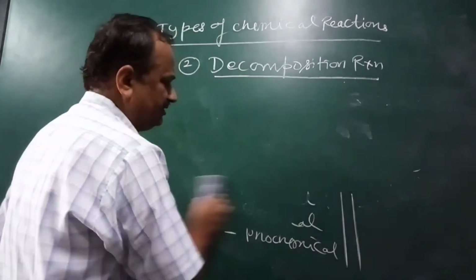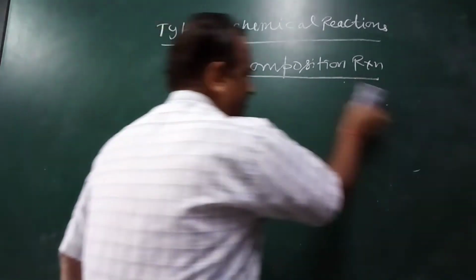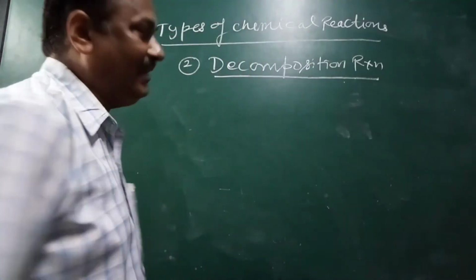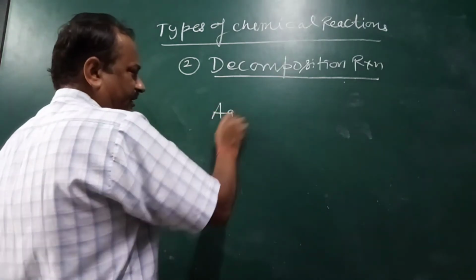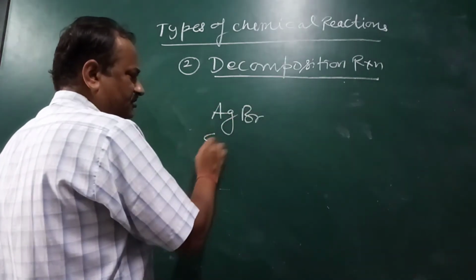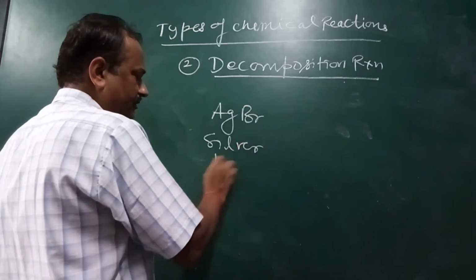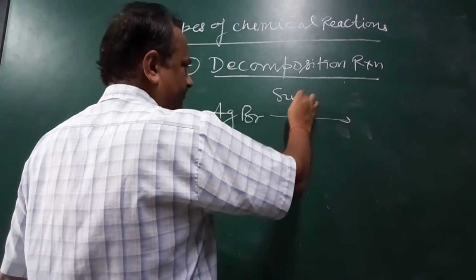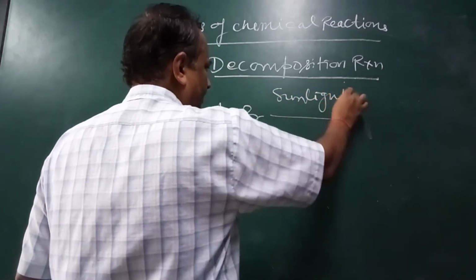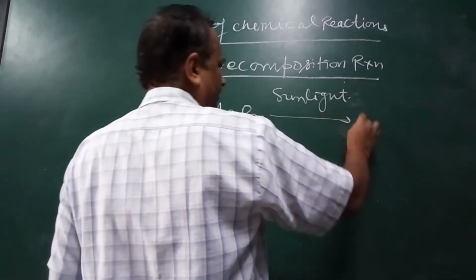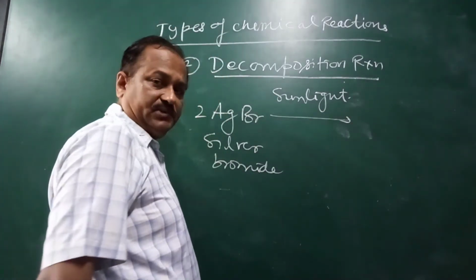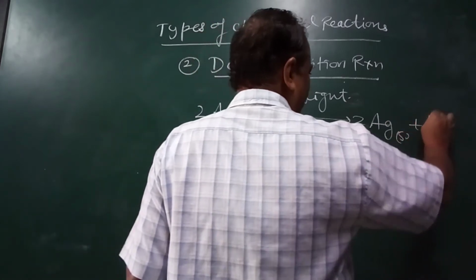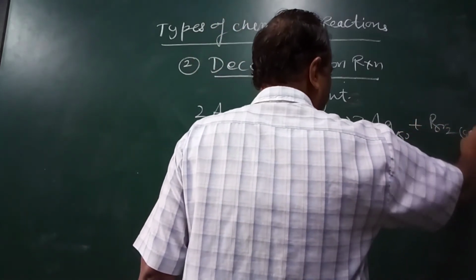Now the third is photochemical decomposition. Photochemical decomposition means when it takes place in the presence of sunlight, say AgBr, silver bromide, in the presence of sunlight. Here, 2 in order to balance: 2 Ag solid plus Br2 gas.